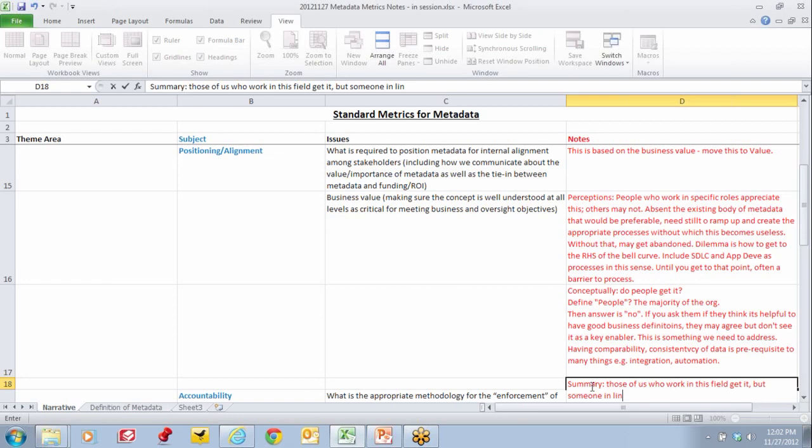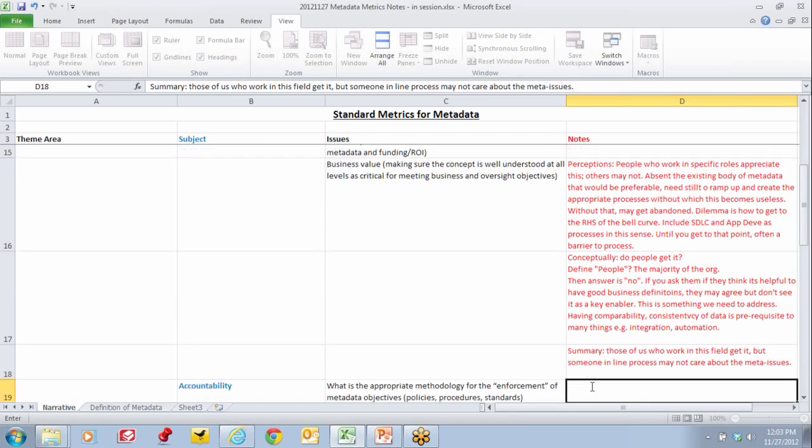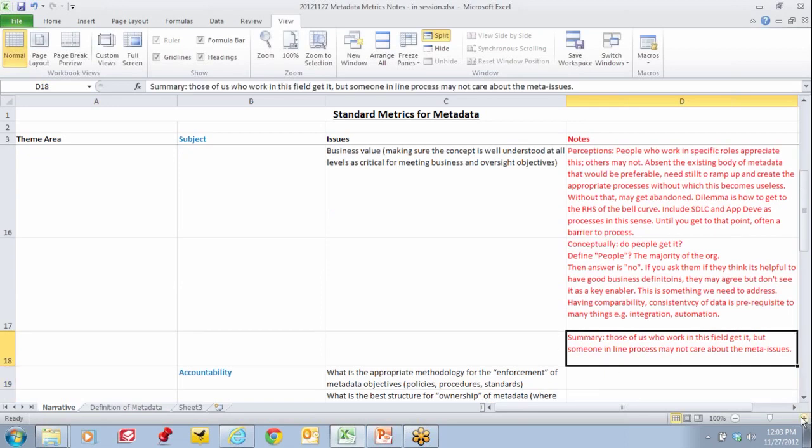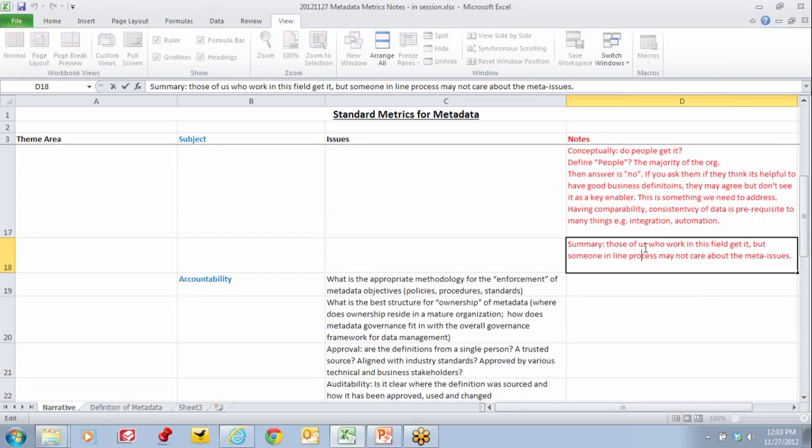I look at it kind of overall organizationally. When I say people, I mean organization. I would say no. I think if you went out and asked one of our brokers or a CSR in a branch, do you think it's helpful if you've got good business definitions? At one level, they might say yes, but they don't think about it as an enabler for their job.